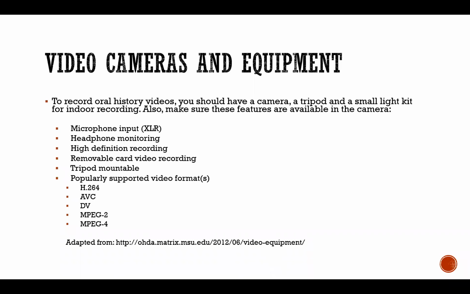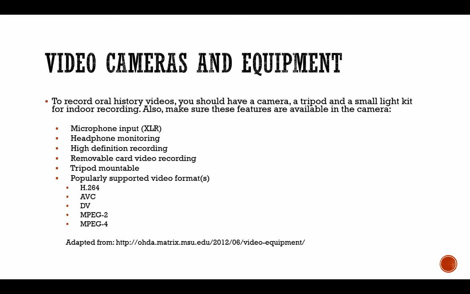And the big thing is you want to make sure that you have access to, or the ability to record in, popularly supported video formats. Video changes a lot more than audio does. We'll talk a little bit about the constituent pieces of the file, but you want to make sure that any camera that you purchase would have support for something like H.264, AVC, DV, MPEG-2, MPEG-4.